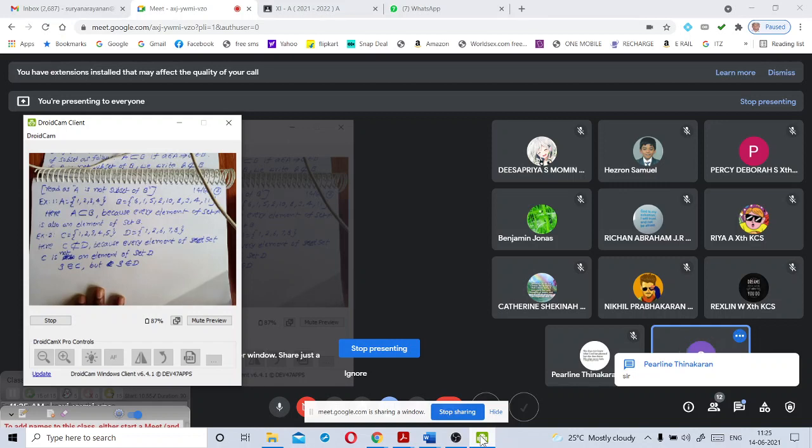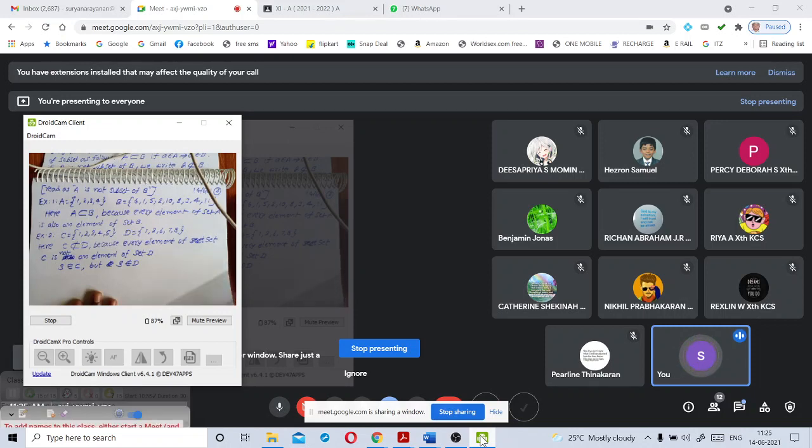Tell me what is meant by equality of two sets. When are two sets said to be equal? Anyone? Raise your hands if you know the answer. Very good, Nikhil.